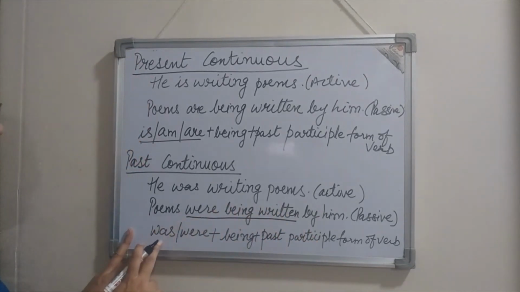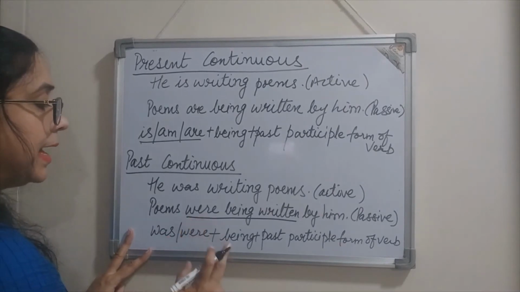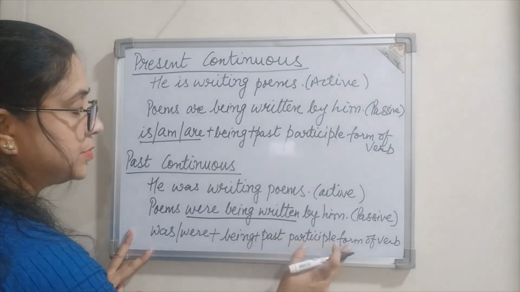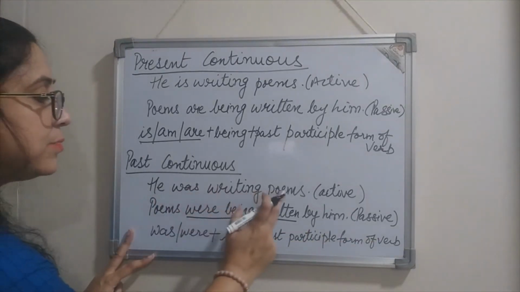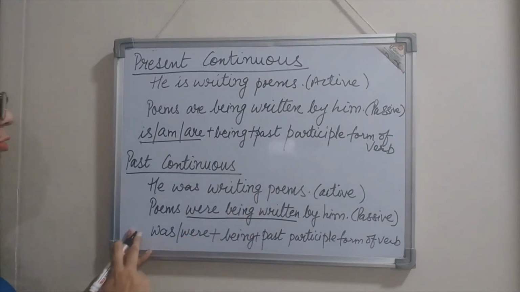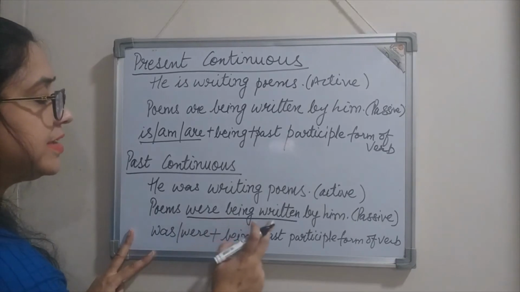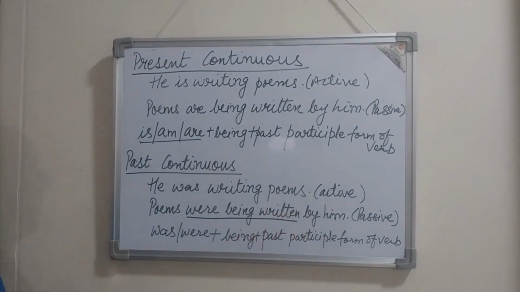So see the basic structure, was or were is there, the helping verb, and then being is there, and then the past participle form of verb, right? So he was writing poems changes to poems were being written by him. So I hope this much is clear to everyone.